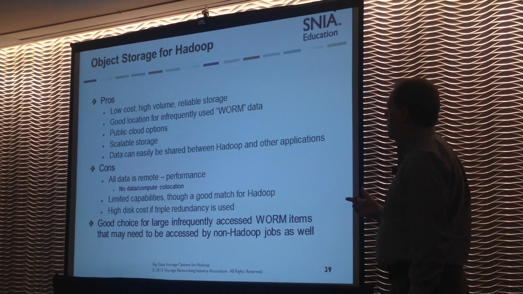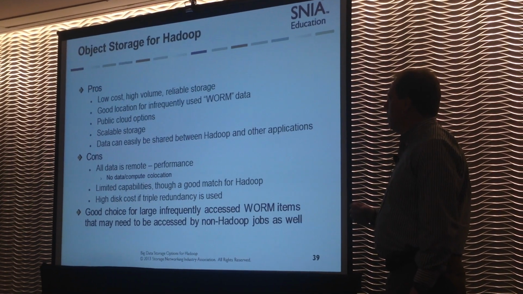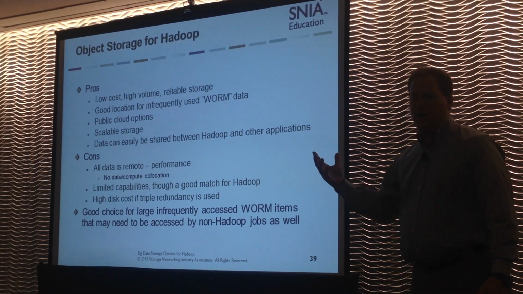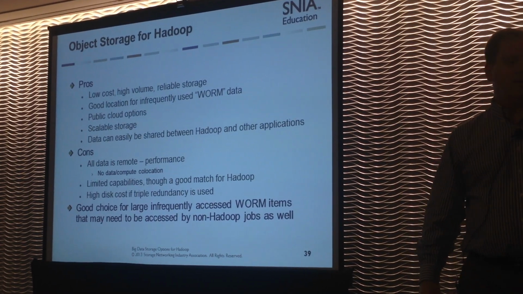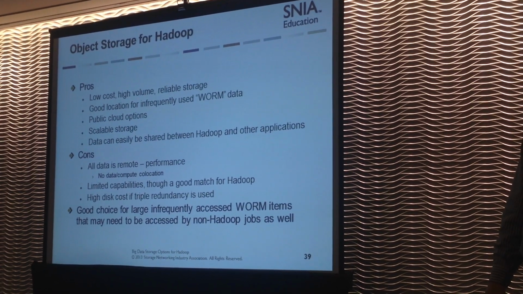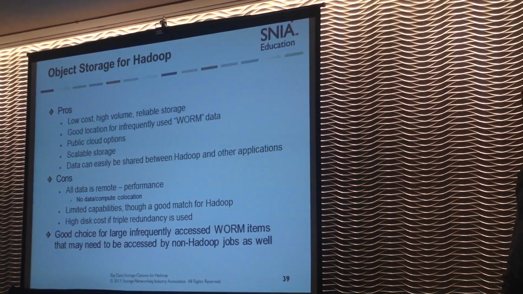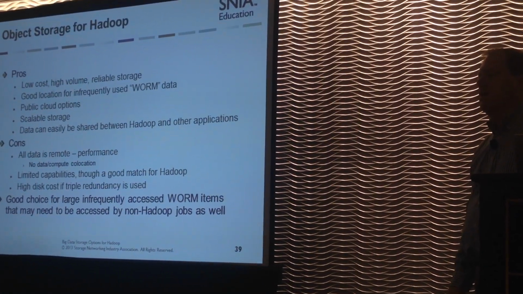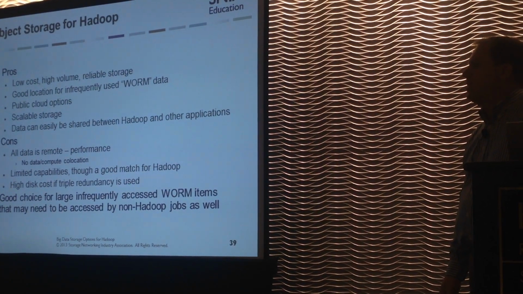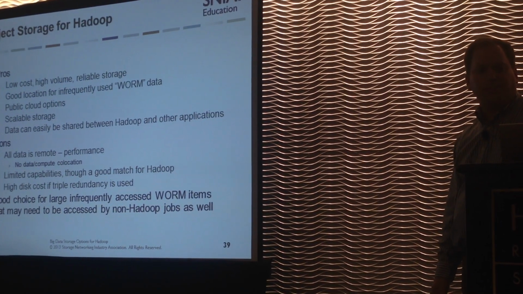Object storage is designed to be scalable, and because it's all accessed through an open API, it's very easy to share between Hadoop and other applications, so you can read the data with anything that understands the web APIs.